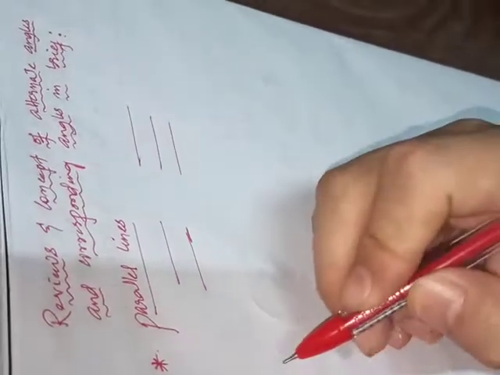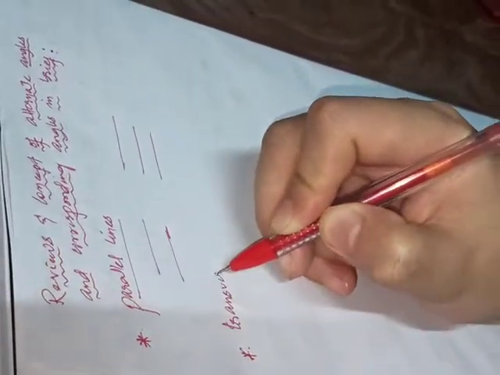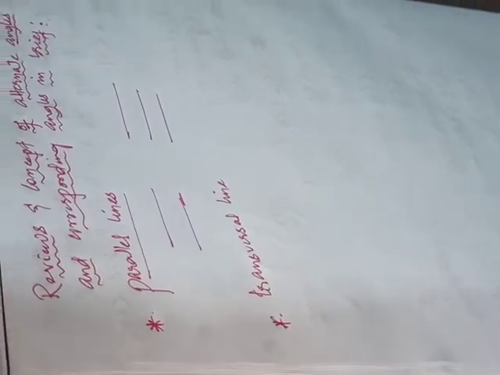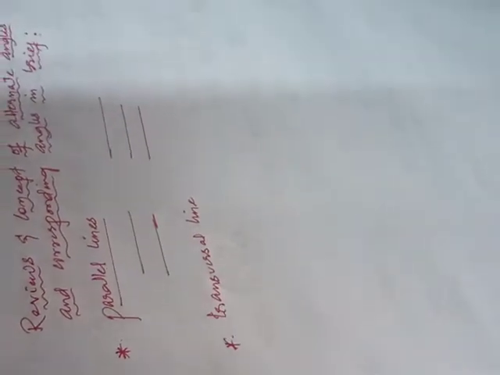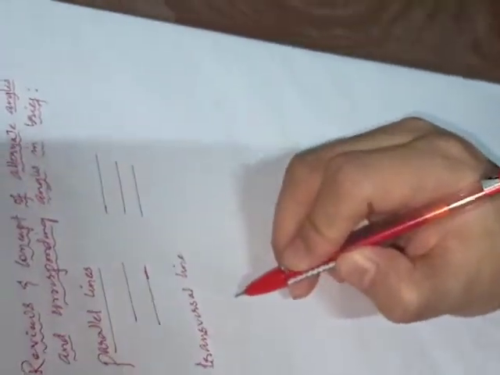Alright, now the next one is transversal lines. What is a transversal line? A transversal line is a line that cuts through two or more parallel lines. Parallel lines here can be 1, 2, 3, 4. What does that mean?